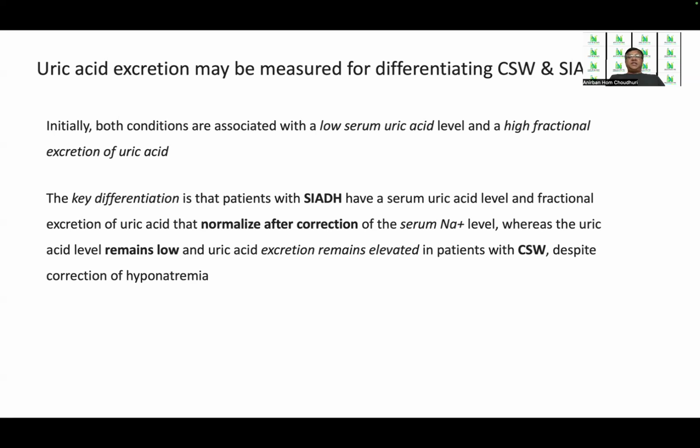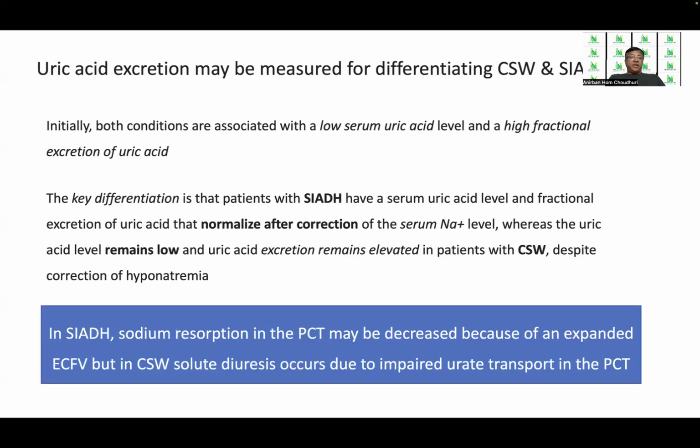But the key differentiation in these two conditions, you have to remember, is that in patients who are having SIADH, they have a serum uric acid and fractional excretion of uric acid that normalizes after correction of the serum sodium level, whereas the uric acid level remains low and uric acid excretion remains high in patients with cerebral salt wasting despite correction of hyponatremia.